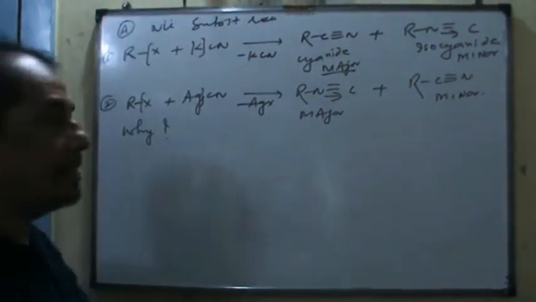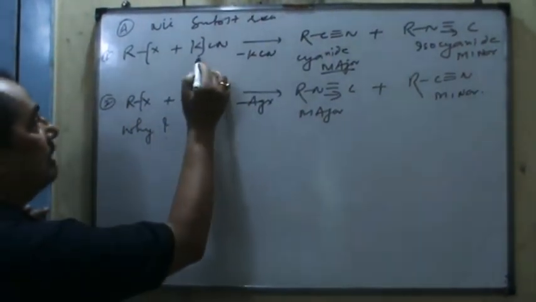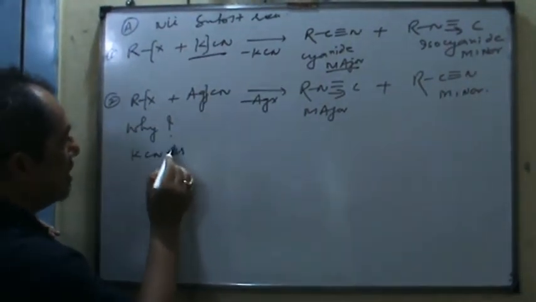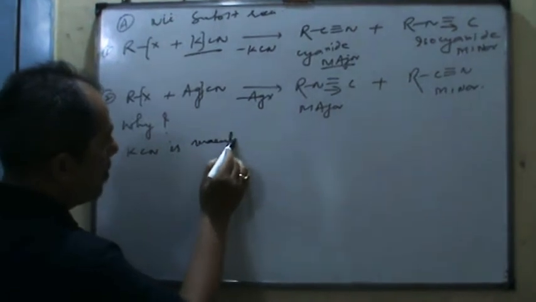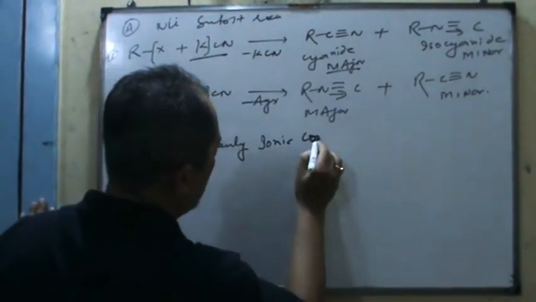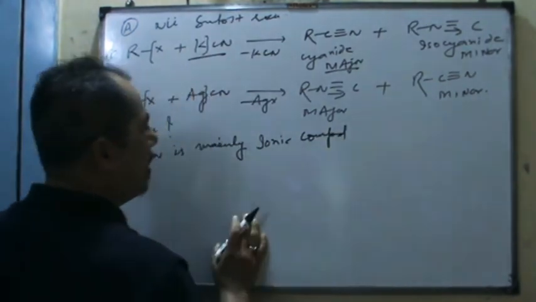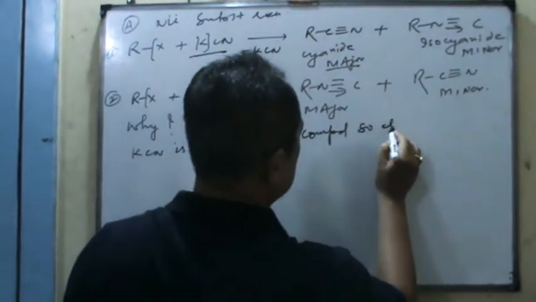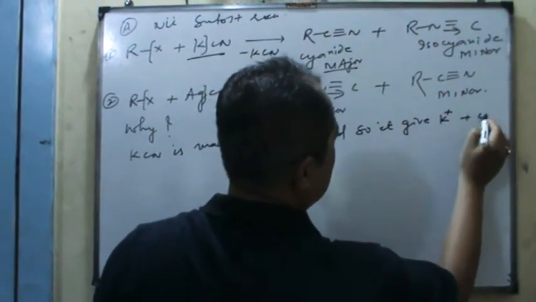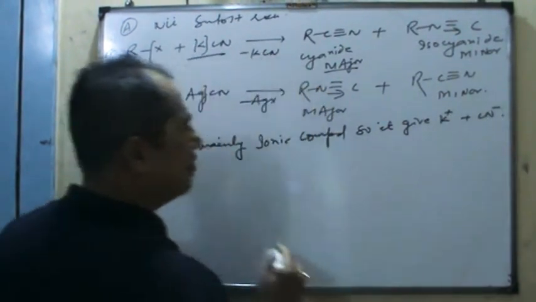Anyone can explain it? Because potassium cyanide is a predominantly ionic compound. KCN is mainly or predominantly what compound? Ionic compound. So it gives potassium ion and cyanide ion.